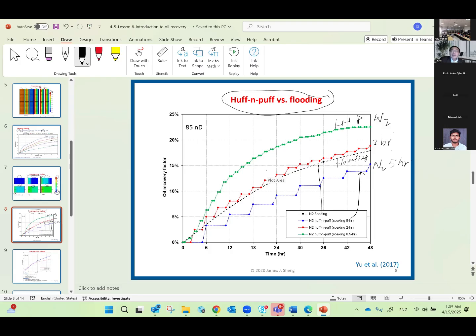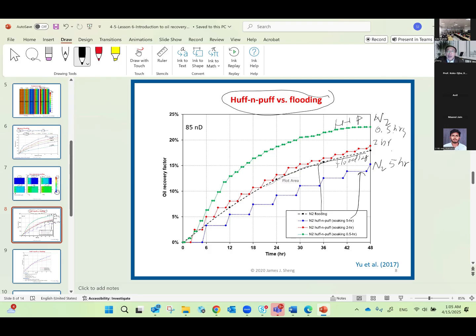And the top one is 0.5 hours. Okay. Now, what do you see here? Here it says, this is flooding. All right, so this dotted line is flooding.